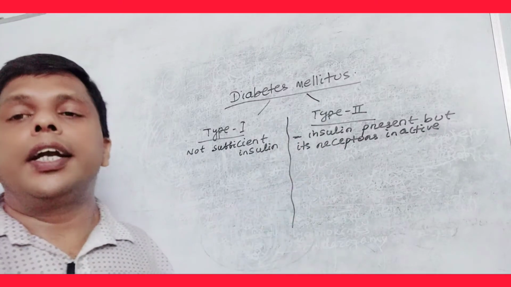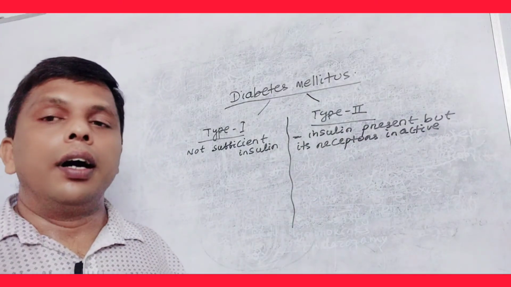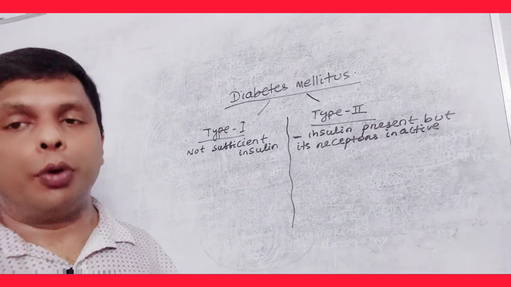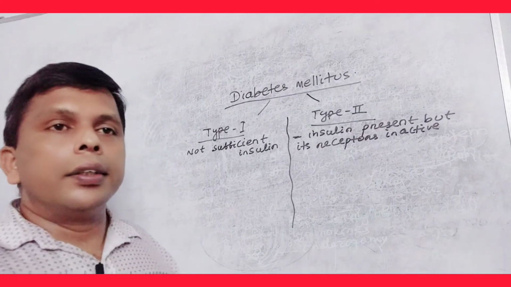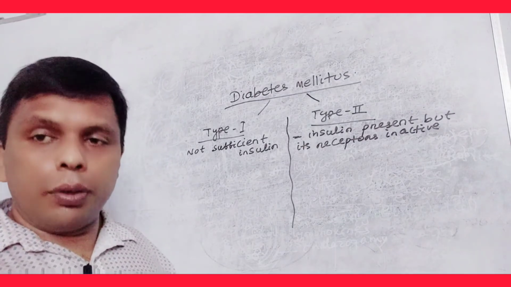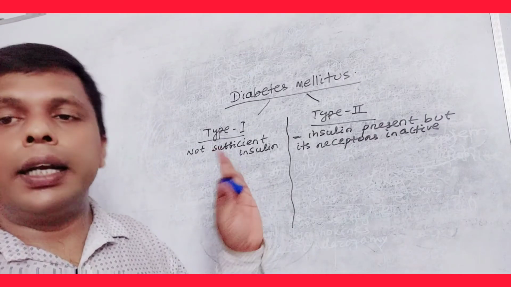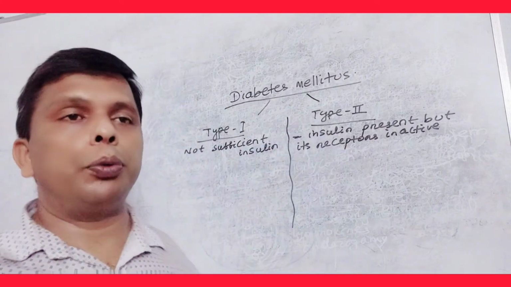This is the basic difference between type 1 mellitus and type 2 mellitus. First of all we will discuss type 1 in detail, then we will go to type 2.